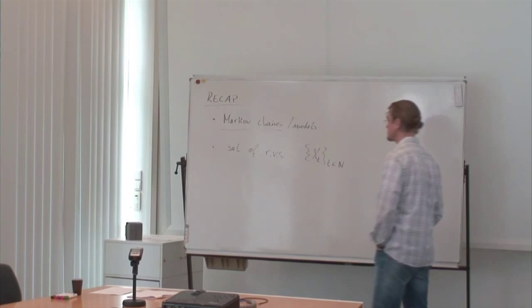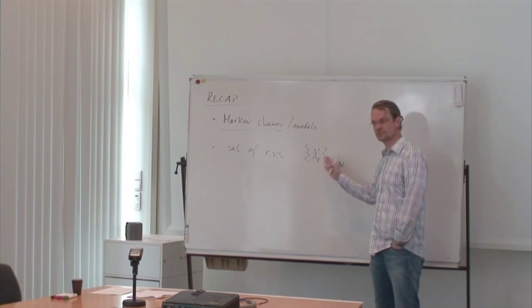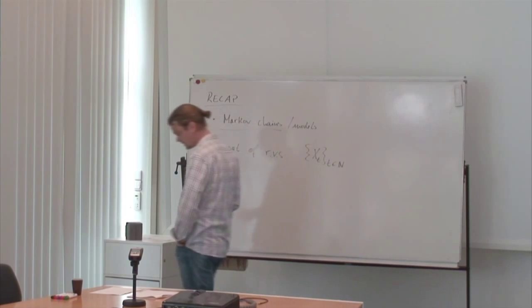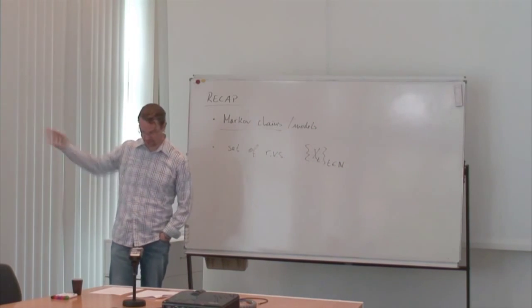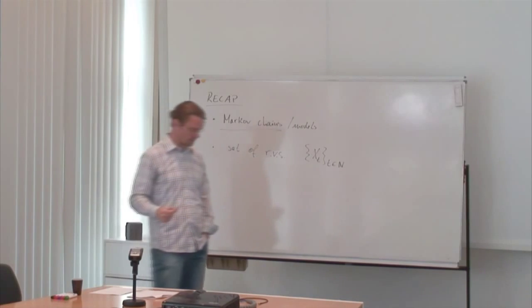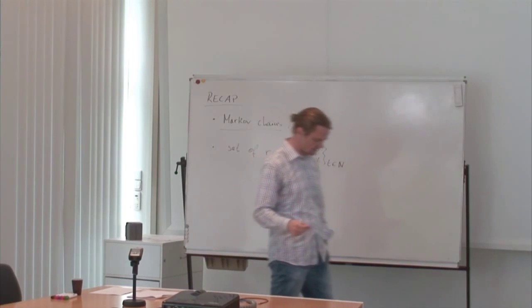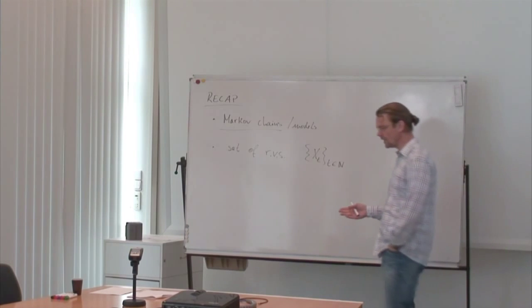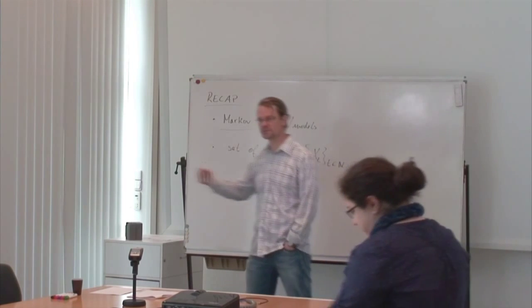And secondly, we have a set of random variables, which we understand as many random variables, and we are interested in the value of each of them at certain different points in time.